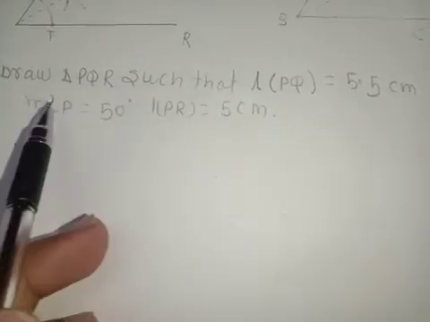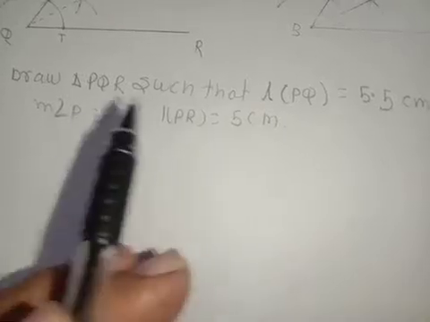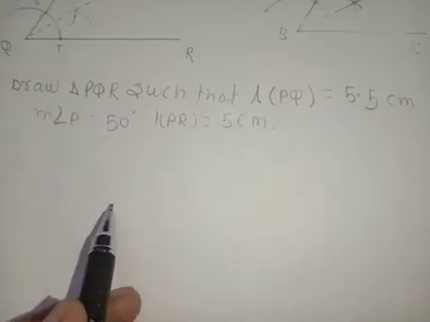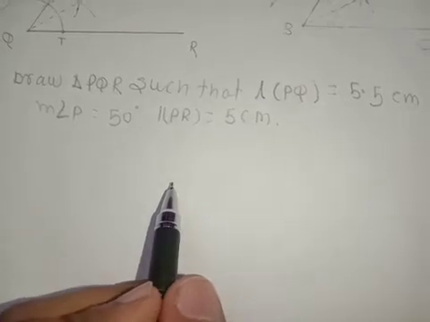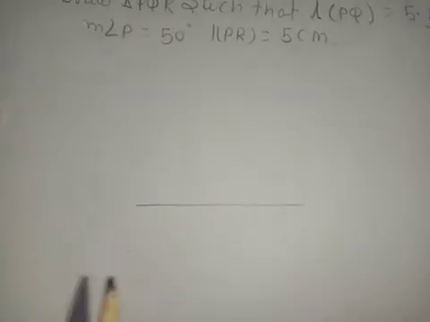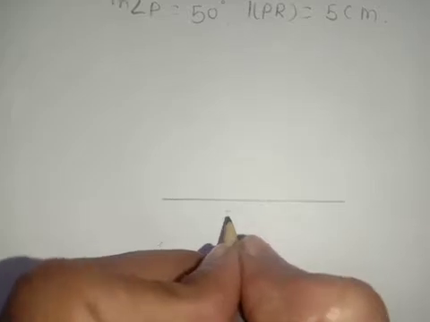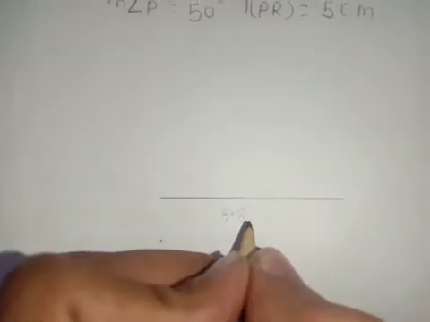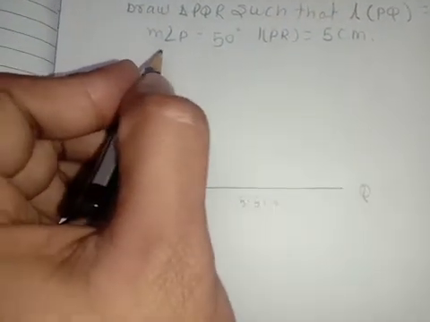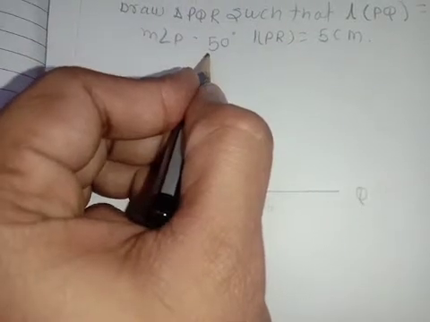Draw triangle PQR such that length PQ is 5.5 cm, the measurement of angle P is equal to 50 degrees and length PR is equal to 5 cm. Now we will draw a straight line of 5.5 centimeters and give it the name PQ. Then the measurement of angle P is equal to 50 degrees.